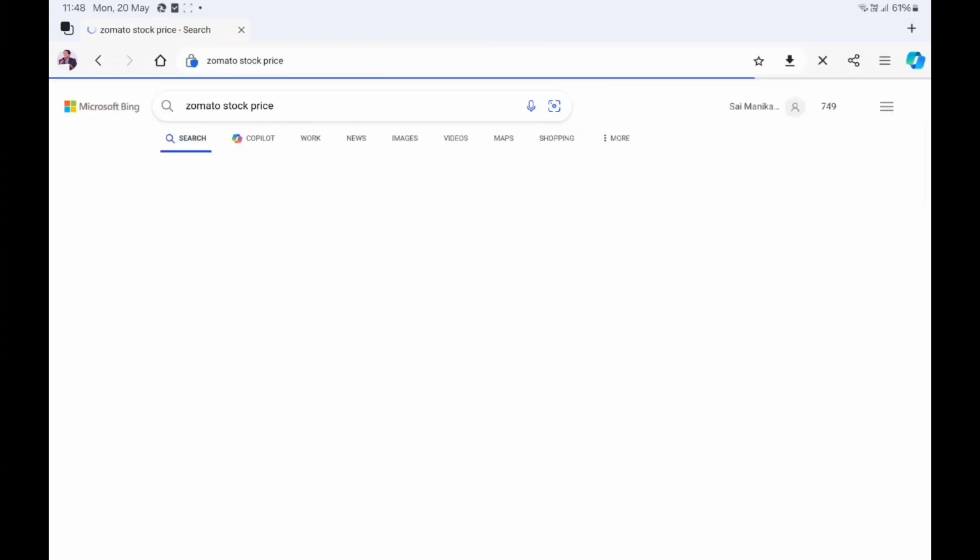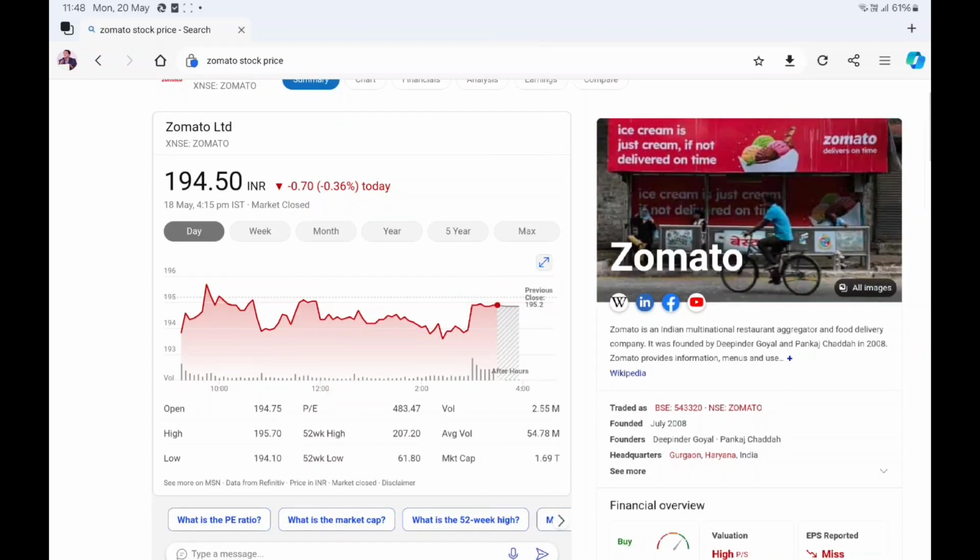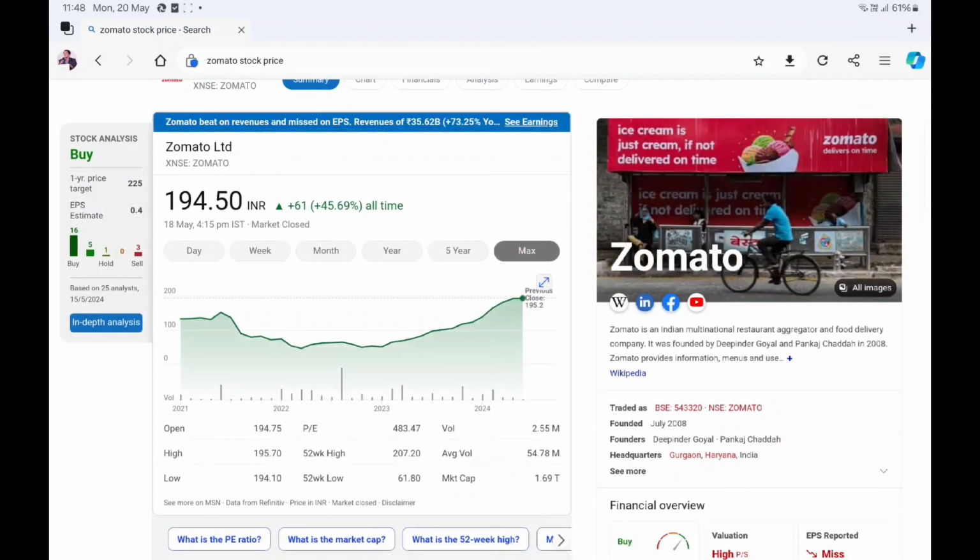Paytm is a different story. You can see here, if I see the overall, Zomato has given a return of more than 45% since its inception. But if you really see, it started at 105, 107, and then there was a point where it was trading around 60 rupees, 62 rupees, and the 52-week high was 207.